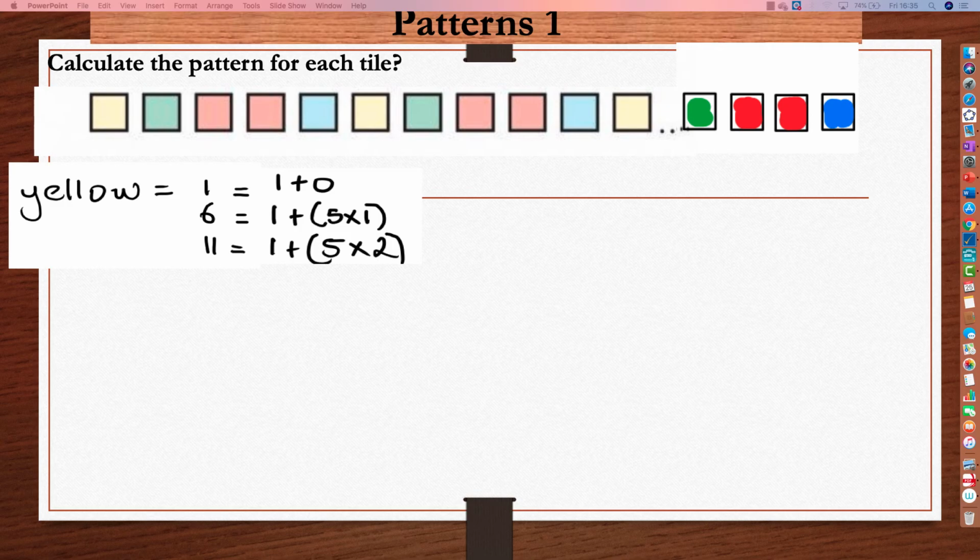And the next one is T2. 1 plus 5n is our pattern: 1 plus 5 times 2, which is 11. T3. 1 plus 5n is our pattern, which is 1 plus 5 times 3, which is 16. So it's all about finding a pattern which helps us find every single one.